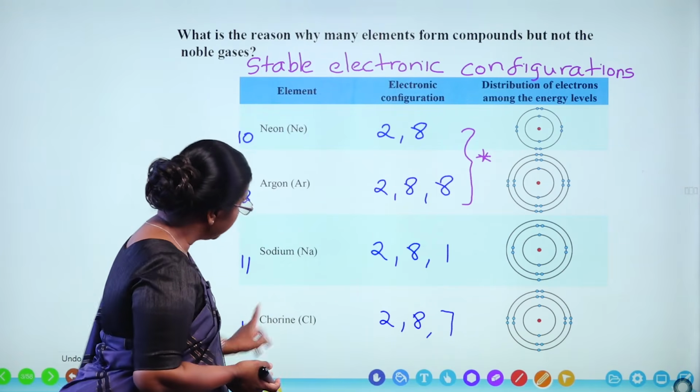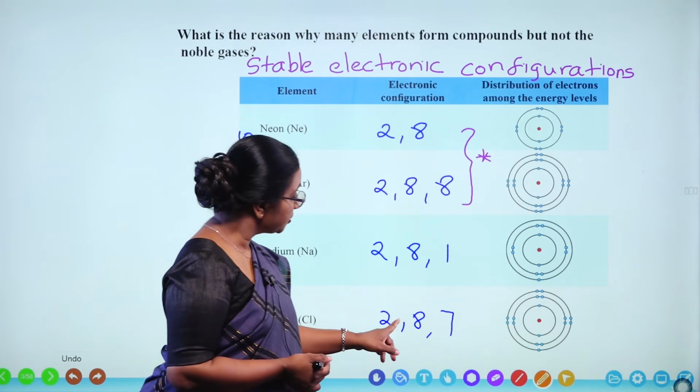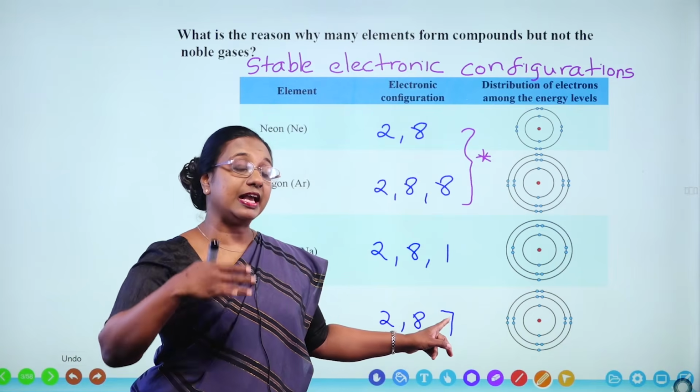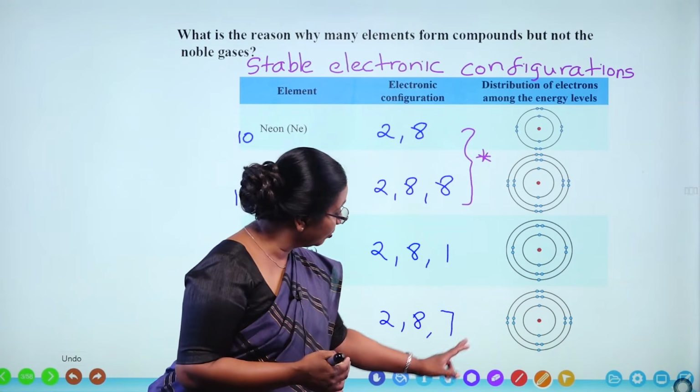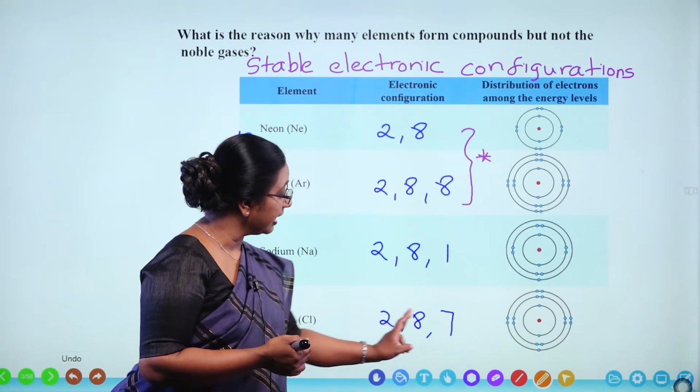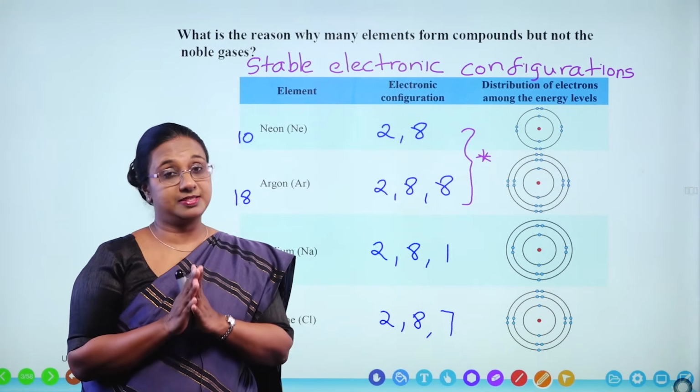The same way, you take chlorine. Here also 2 8 7. It can take up 1 electron, so the total becomes 8, or it can lose 7 electrons so that the electronic configuration becomes stable.